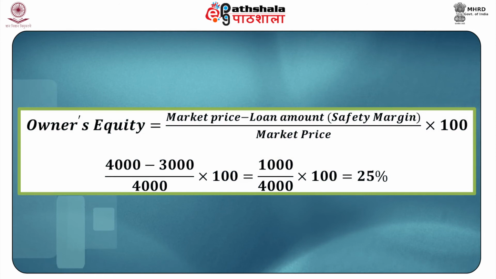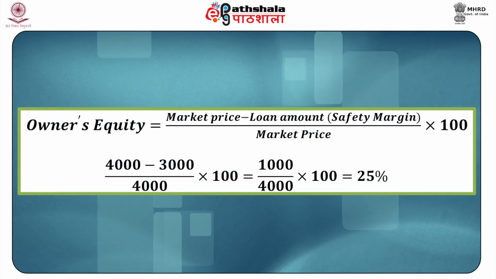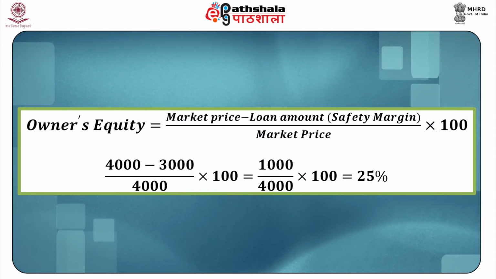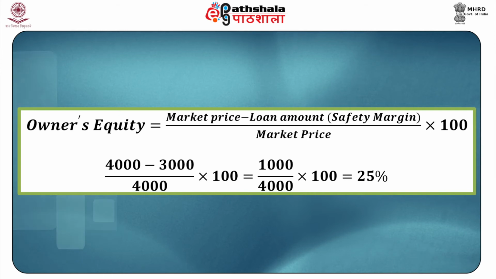Assume that an investor had purchased 100 shares of ITC Limited. The shares were trading at Rs 60 when the transaction was executed. The initial margin requirement on the account was 50% and the maintenance margin was 25%. Ignore the transaction cost. Now, if the share price falls to Rs 40, then owner's equity would be equal to market price minus loan amount, that is a safety margin, divided by market price, multiplied by 100.